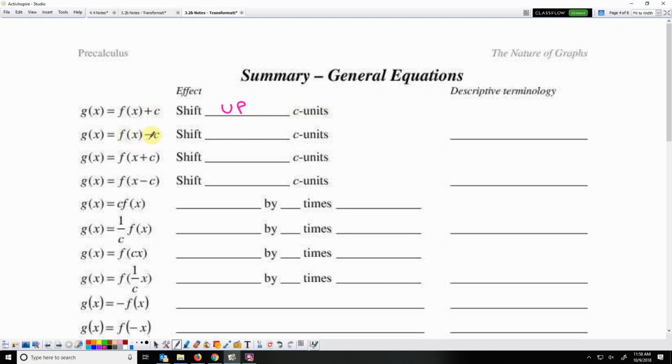And if it's f of x minus c, then we are going to shift down. Both of these are the same type of transformation, and that is a vertical translation. So you shift up or down according to the sign.